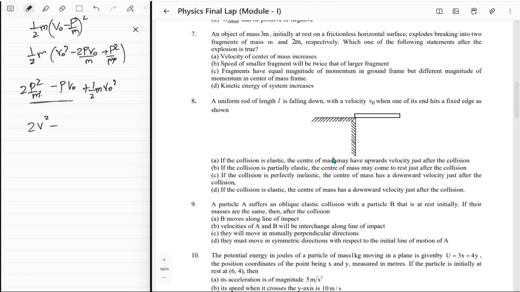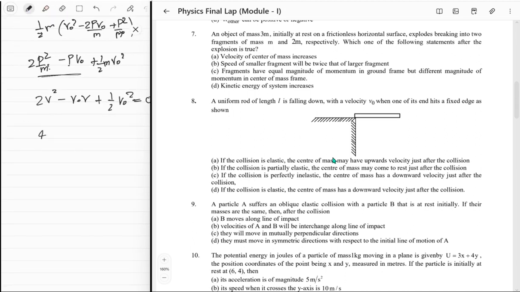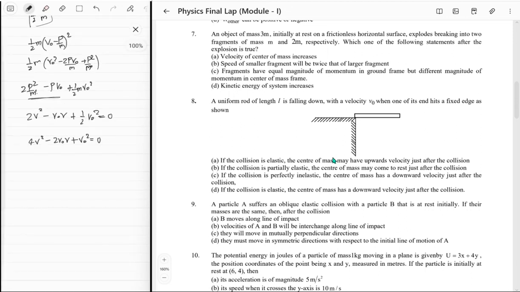So 2v squared minus v naught v plus half v naught squared is equal to 0, which means that 4v squared minus 2 v naught v plus v naught squared is equal to 0. Not nice. Its discriminant is negative. It can never happen that it will have a perfectly inelastic collision. Okay, just move on. Next question.